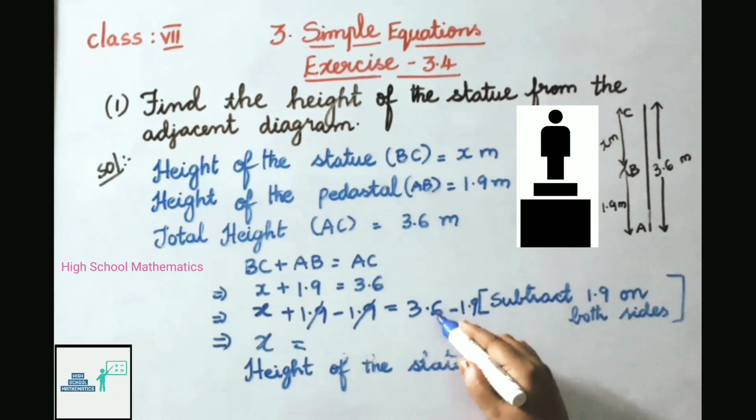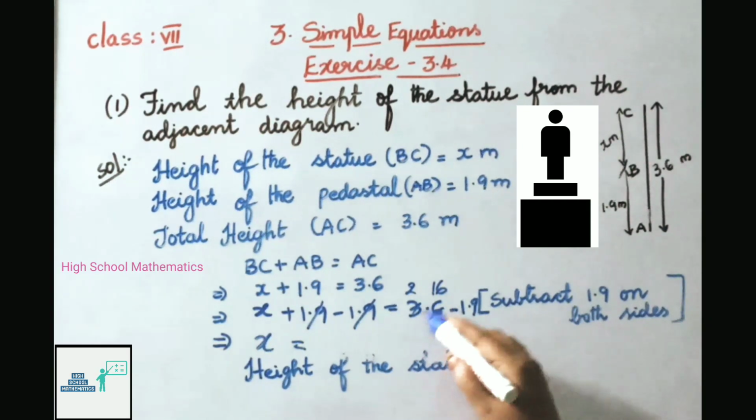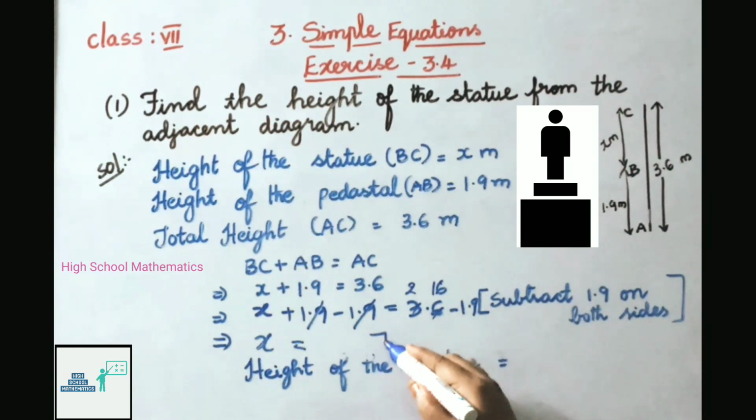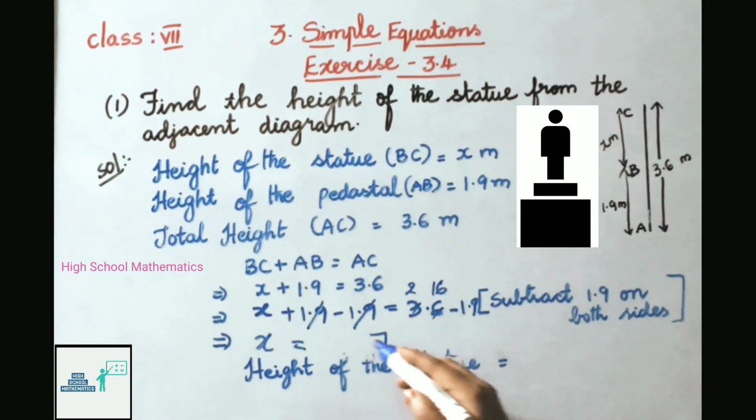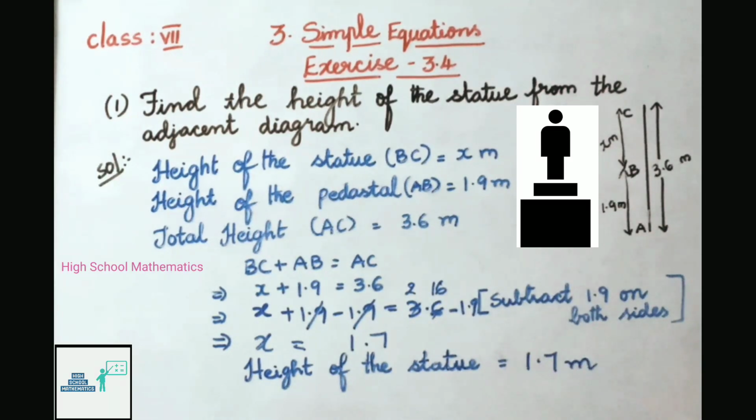From 3, if you take borrow, 6 becomes 16, 3 becomes 2. 16 minus 9, 7. 2 minus 1, 1. Keep this decimal point. Therefore, x value is 1.7 meters. Therefore, height of the statue is 1.7 meters.